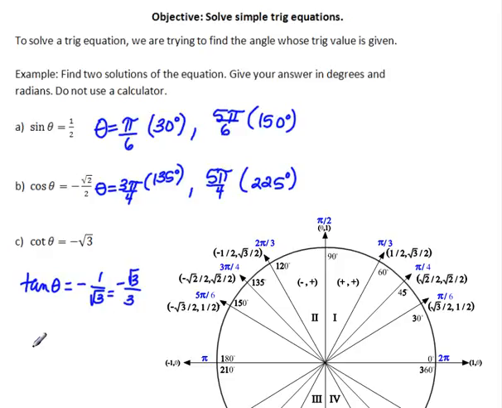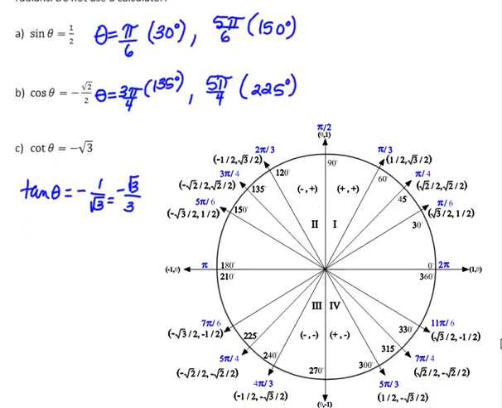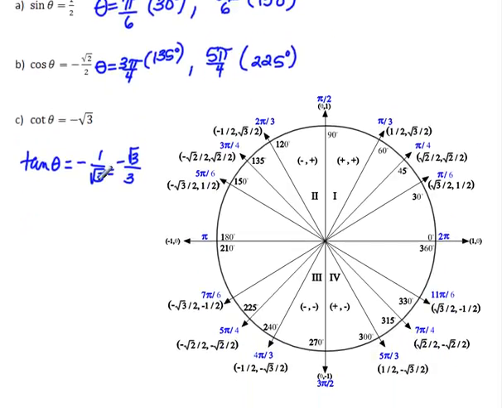But if you think in terms of sine over cosine, where would we get the 1 over the square root of 3? It's 1/2 divided by the square root of 3 over 2. That's where we have 1 over the square root of 3.